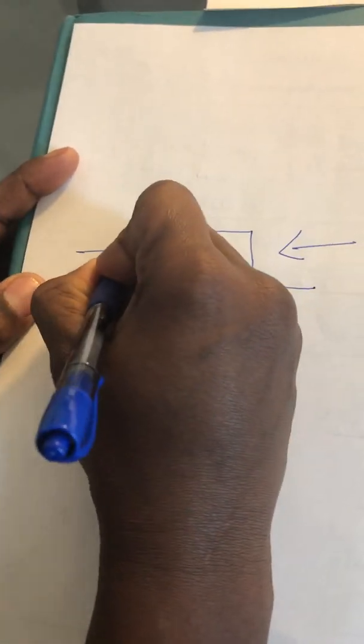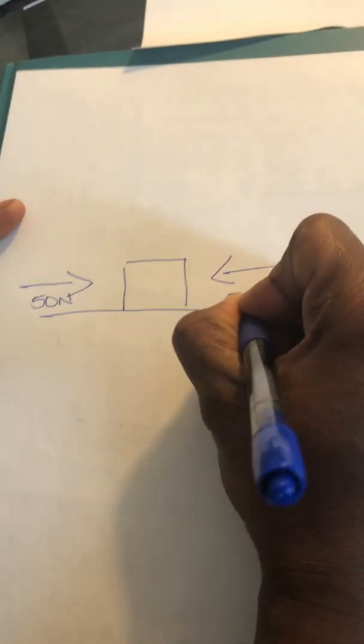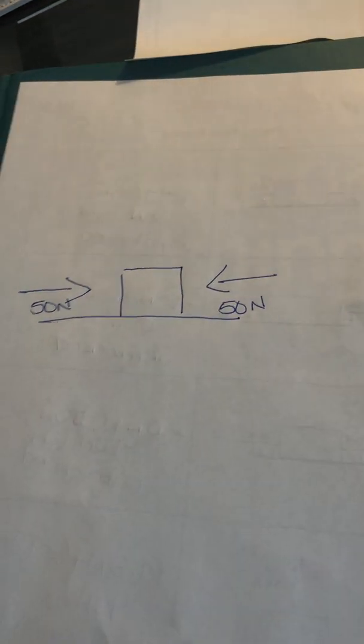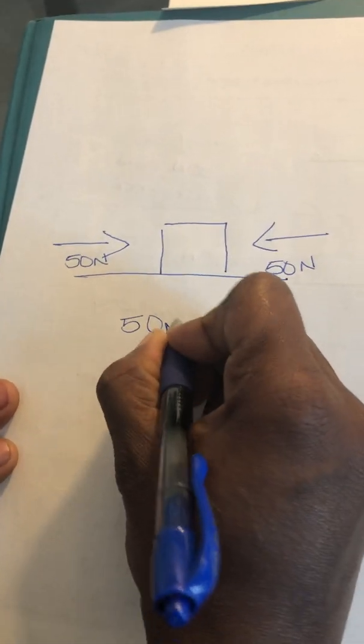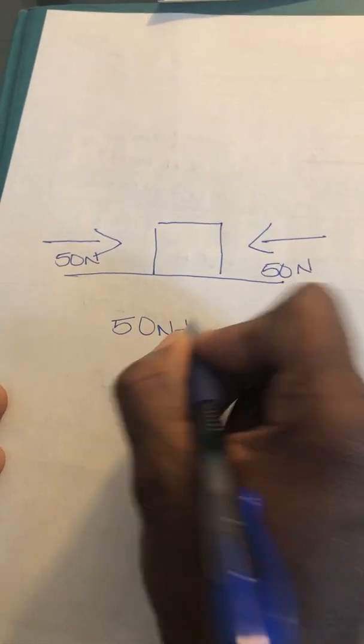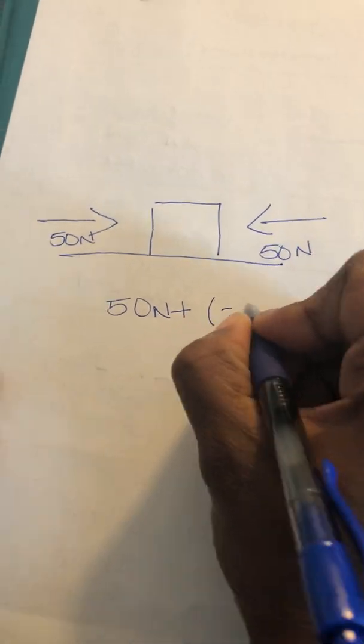On the right side, we have 50 newtons of force. On the left, we have 50 newtons of force. So we're going to do the same thing. We have 50 newtons going to the right, so positive 50 newtons, plus negative 50 newtons.